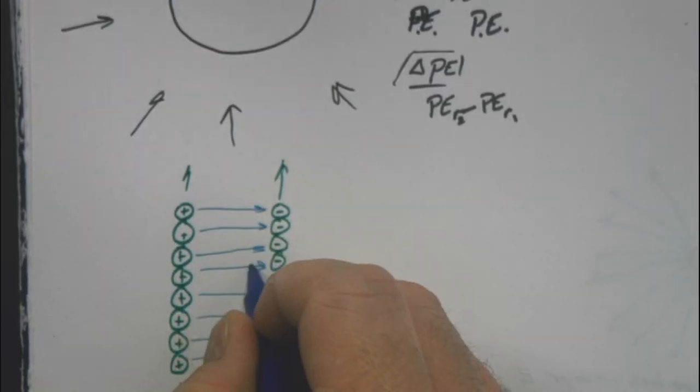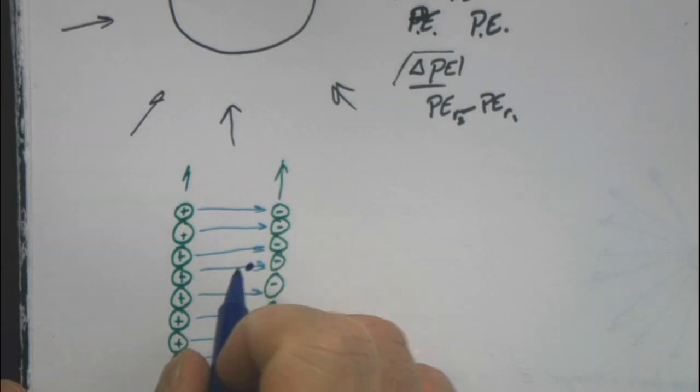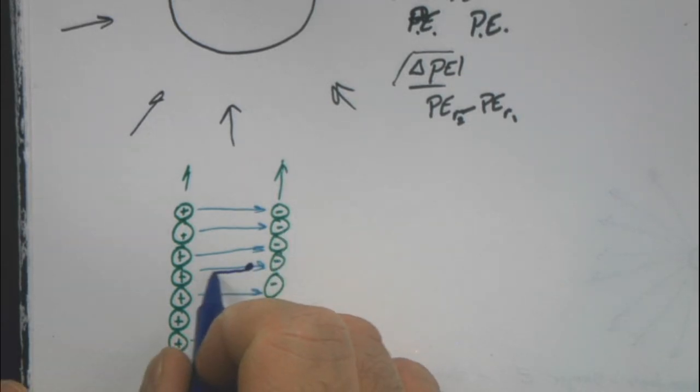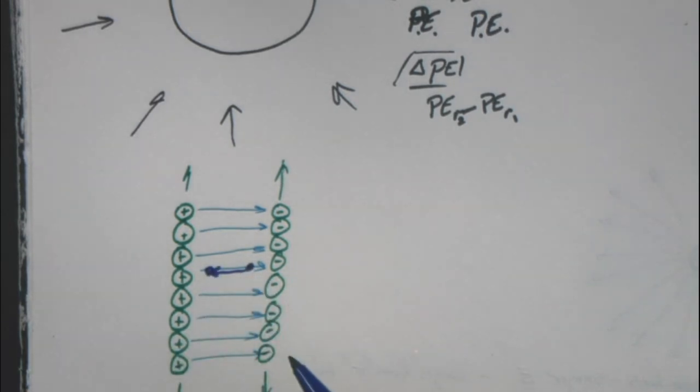So, if we have a positive test charge right there, what would have to happen to get it to move to there? We would have to do force times the distance.